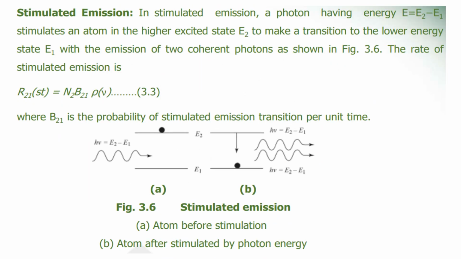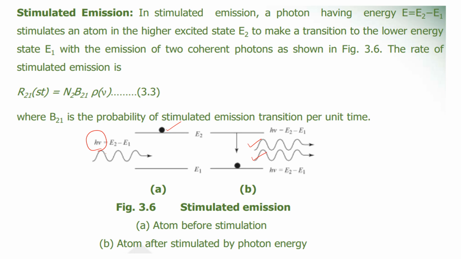Stimulated emission can be defined as an atom at the higher energy state returning to the ground state not spontaneously but with the help of an external triggering photon of energy h nu. During this stimulated emission process, two coherent photons of energy h nu are emitted.